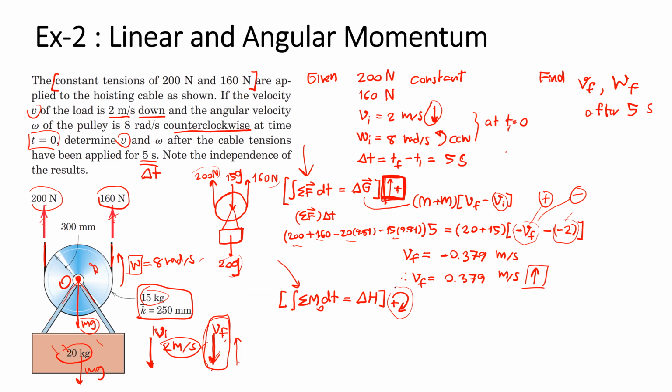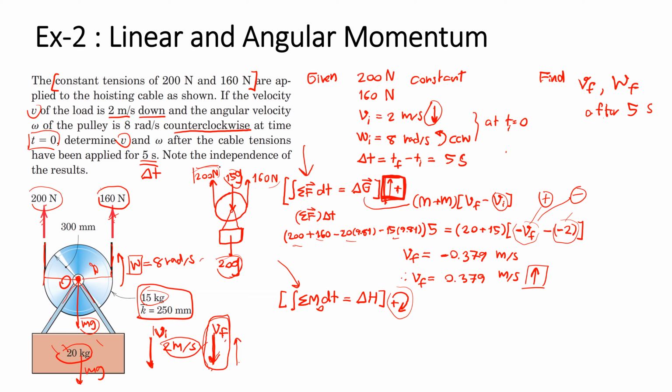The summation of moment about point O. The mg passes through point O, so it does not create any moment.